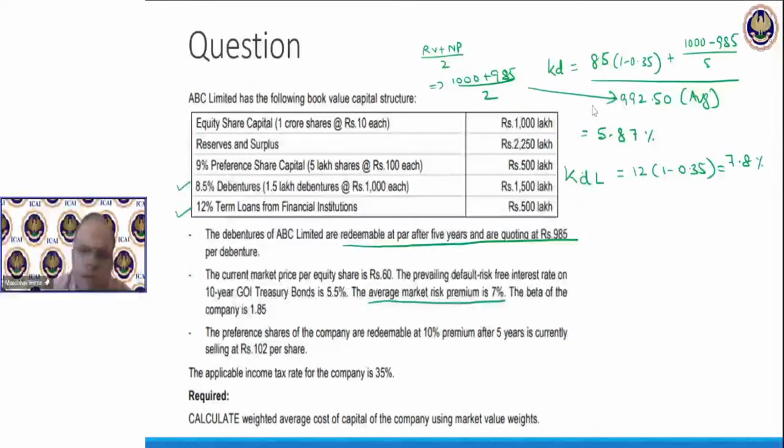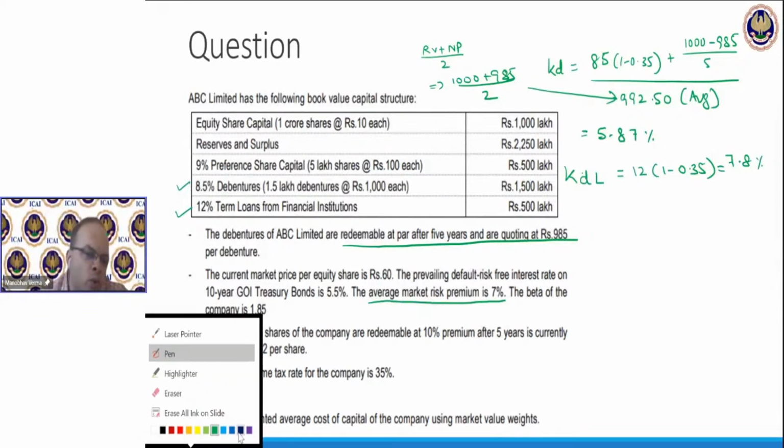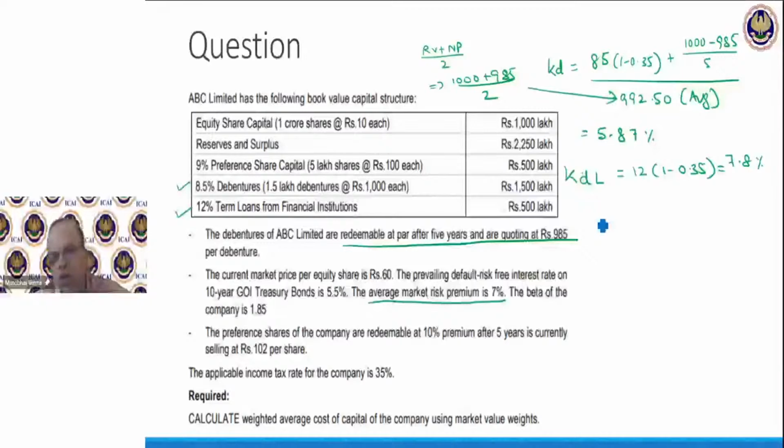Okay, I think similar to the debt, for the redeemable preference shares, guys, who will tell me the cost of preference shares? They're giving you redeemable at 10% premium and currently is 102. So a 100 share redeemable at 10% premium, that is 110.